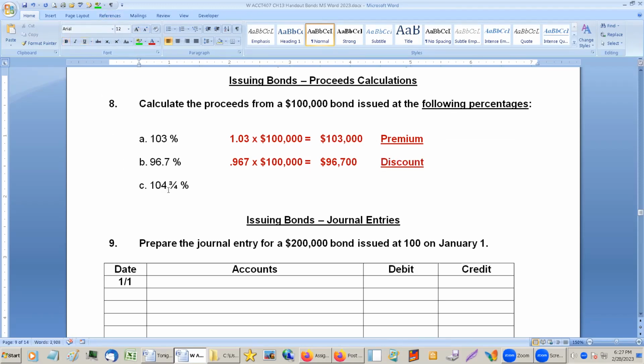Now, one of the weird things, I believe they still give quotes like this. I know fairly recently they used to. They'll have 3/4. Sometimes they'll have 3/4 or 5/8 or 3/16. Sometimes even up to 32nds, 104 and 1/32 sometimes, depending on what the markets are.